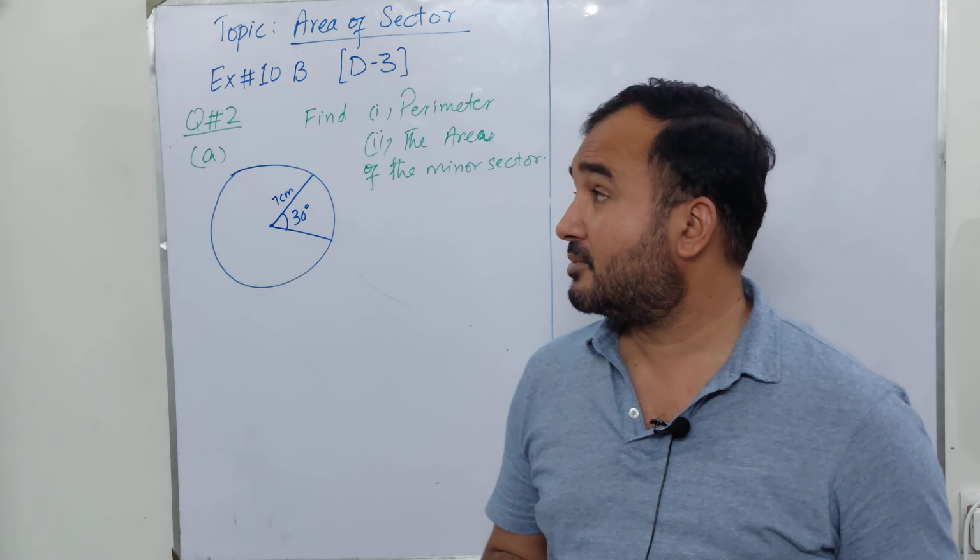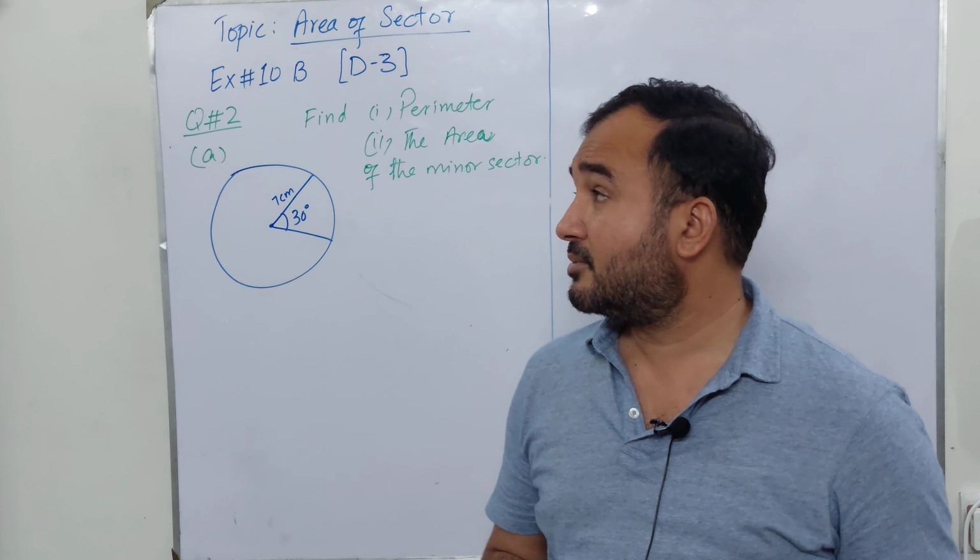Now we have to find the area of this sector. For area of sector, we have the formula angle divided by 360 into area of circle. Area of circle is pi r square. Just put the values over here: 30 by 360 into 22 by 7 into 7 square.